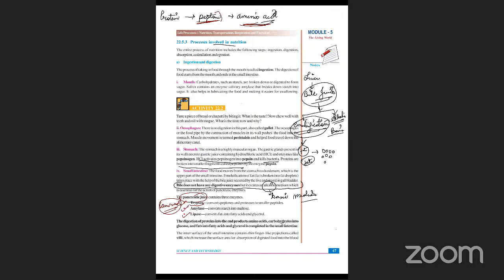Peptones. Still here only the pepsin did work. Now trypsin. Listen, pepsin and trypsin both have the same work. Now the half work which is done by the pepsin, the completion will be by the trypsin. So here the trypsin will work and it converts the peptones into amino acids.